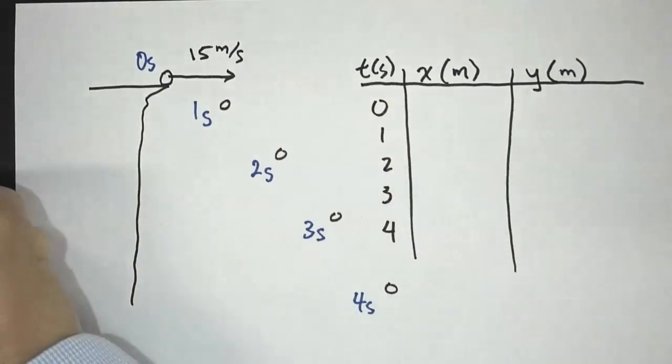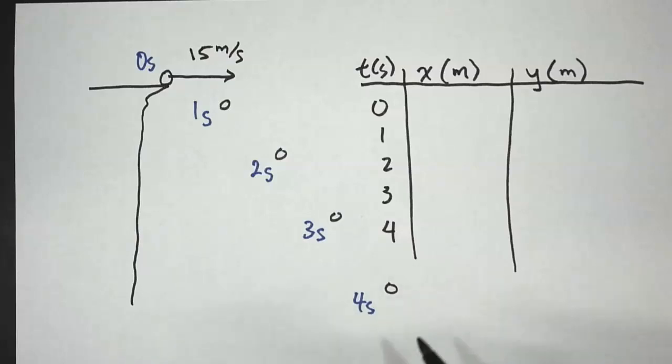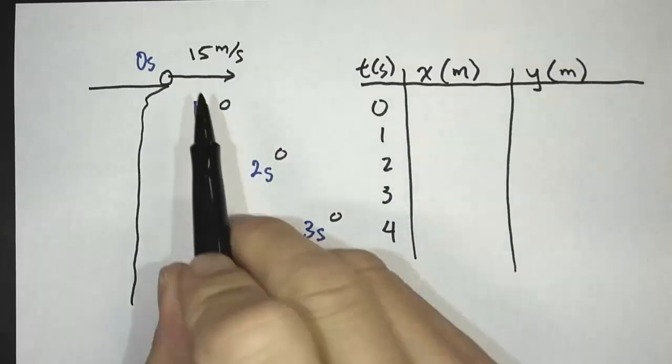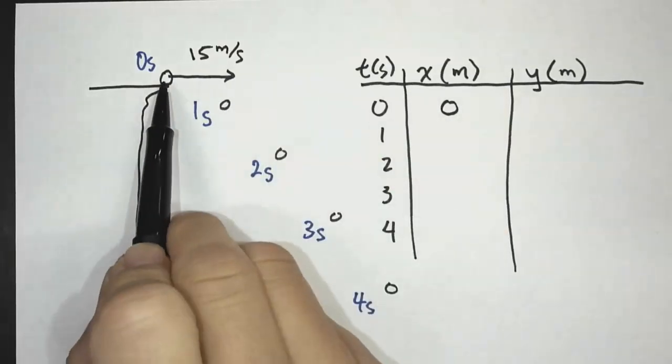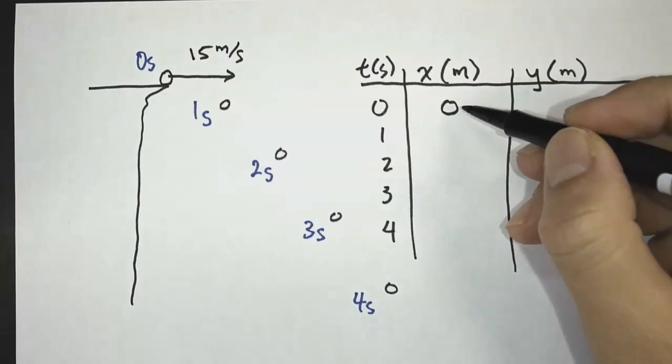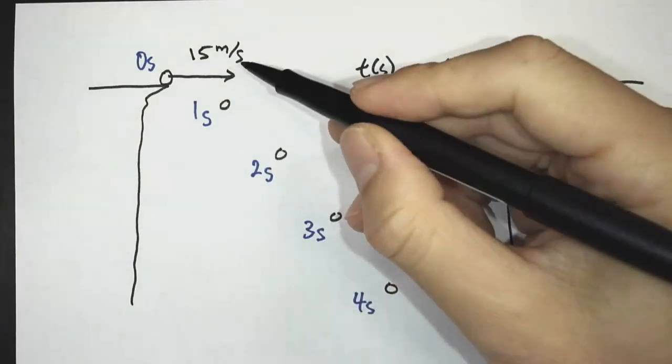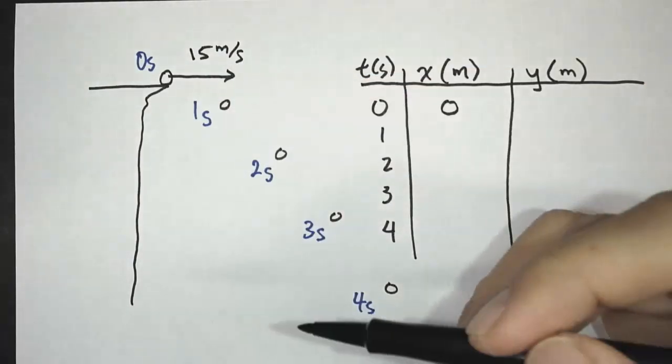Horizontally, remember we're moving at constant velocity, 15 meters per second. We're going to say this is our 0 point here, and we're going that way. 15 meters per second means every second it's going 15 meters.